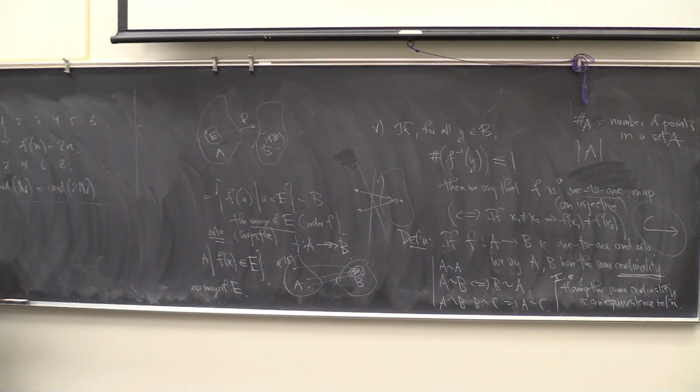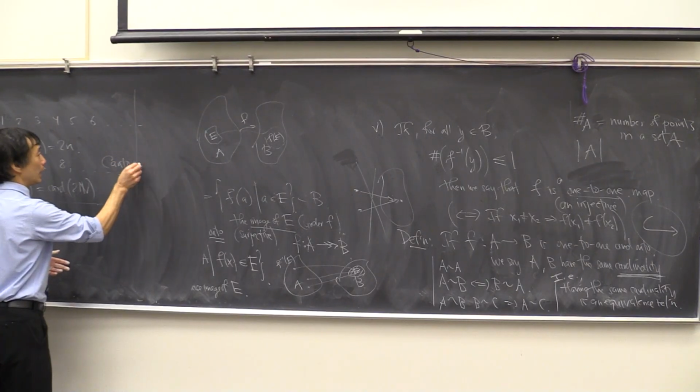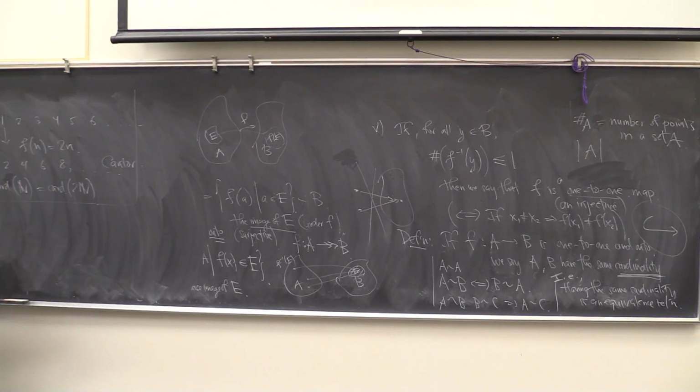This theory was developed by Georg Cantor in the 1870s, I think, and it caused a terrible uproar. Mathematicians thought this was an abomination. Many of the things we'll show you were thought of as abominations at the time.